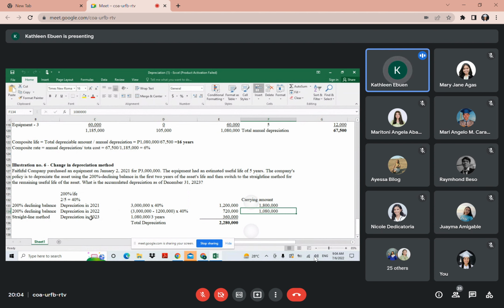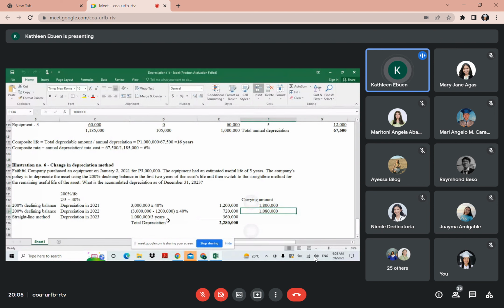On the third year, papalitan na po natin siya ng straight line method. So kukunin na natin magkano ba yung book value or the carrying amount of the asset on the third year. So, ang carrying amount na po niya is 1,080,000. Apply na natin si straight line method over the remaining useful life na 3 years na lang.